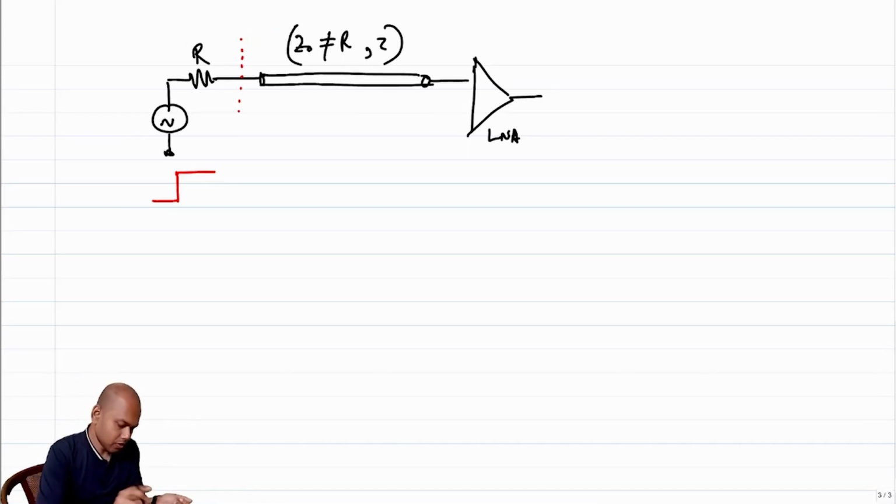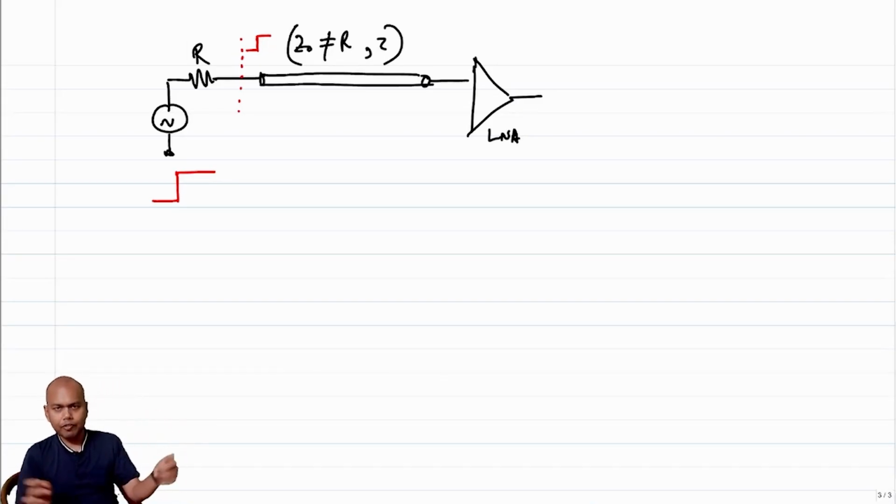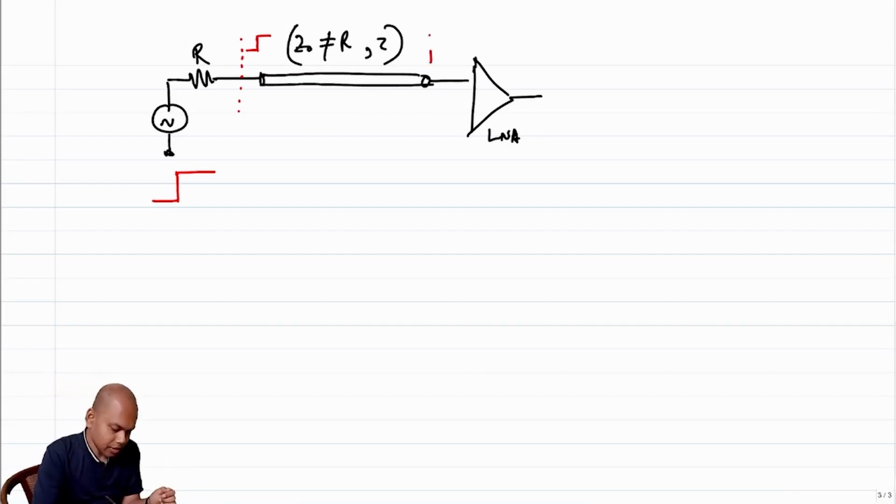So this is a step. What is the height of the step? We have not yet established, but it's a step that moves forward. So after time tau, this step reaches this junction. So it is still a step, of the same height, at the other end of the line, but delayed by a time tau.